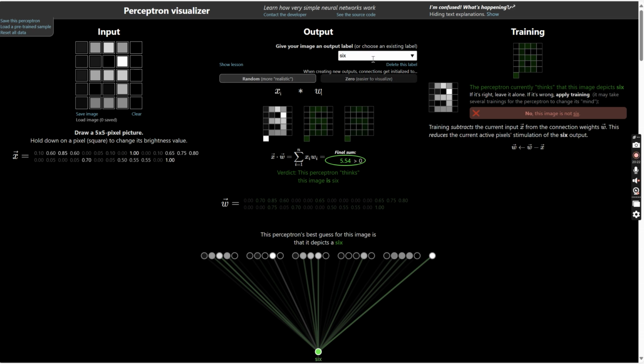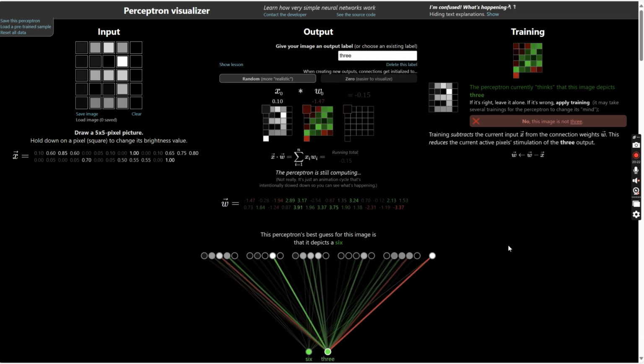Let me try again. Maybe I will name this label as 3. Now see the weights. What happened to the weights? It is doing the mathematics. Now you got the final value as 4.77, hence this image is 3.